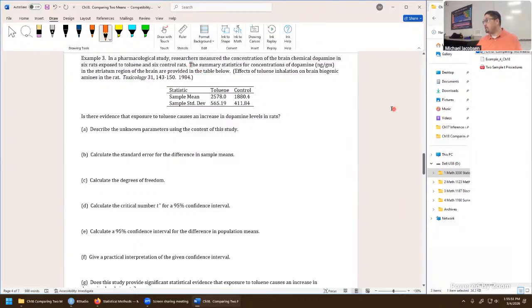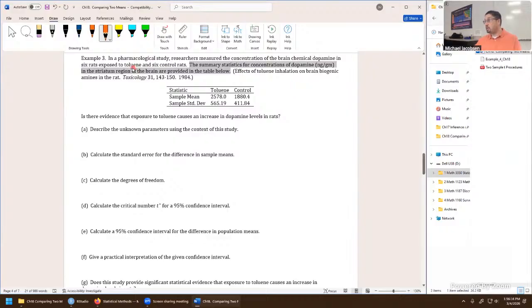It says the summary statistics for concentration of dopamine, nanograms of dopamine per gram of brain matter, apparently, in the striatum region of the brain, are provided below. So this was a designed and controlled experiment. That means when we give a conclusion on this one, we can now use language of cause and effect because of the controlled experiment on this.